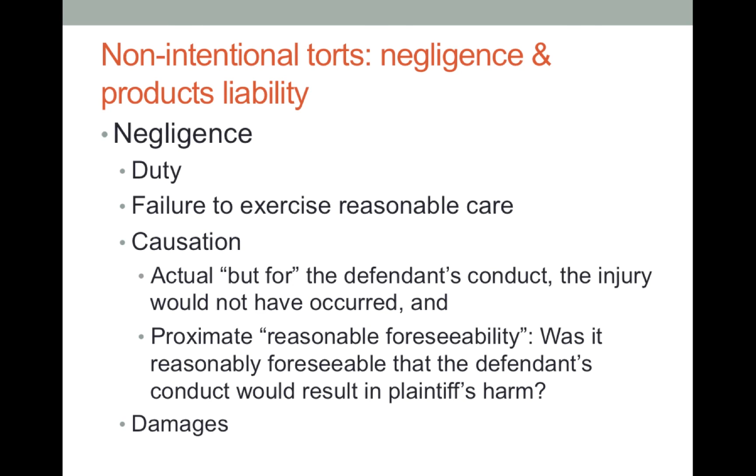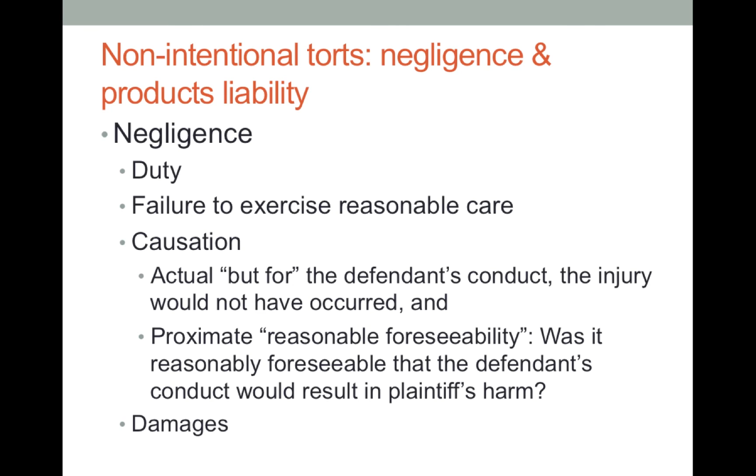First, you have to show that the defendant owed the plaintiff a duty, and that duty is to exercise reasonable care. The second of the four elements is a breach of that duty, sometimes called a failure to exercise reasonable care. The third element of negligence is causation, and there are two parts to causation. Again, you must prove both.